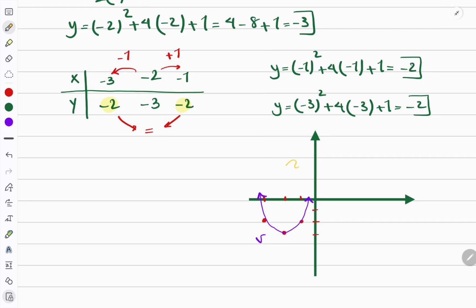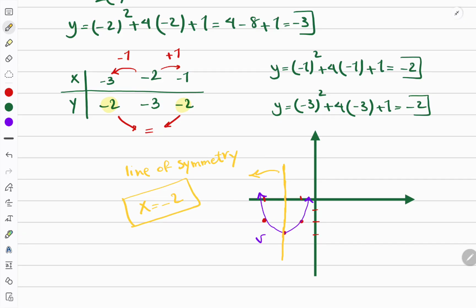And if you like to draw a line of symmetry, it is here. And the equation for that is x equals the x coordinate of the vertex, which is negative 2.